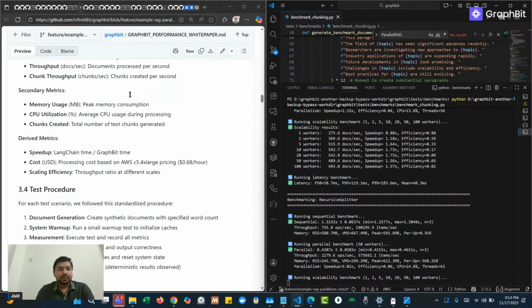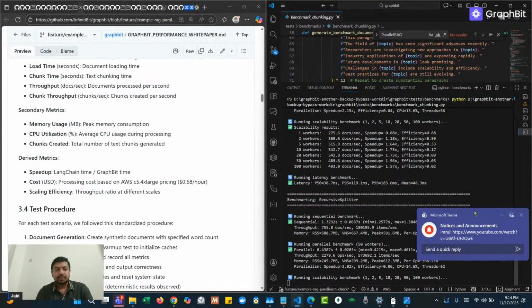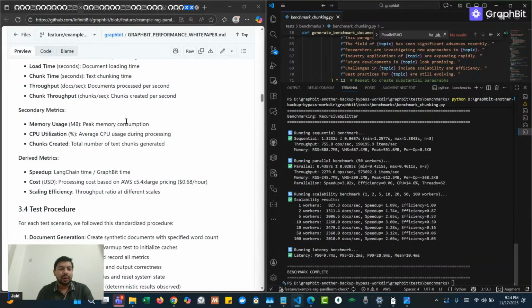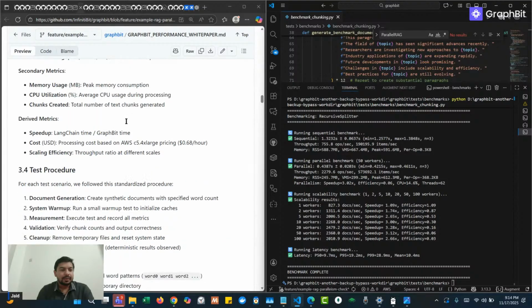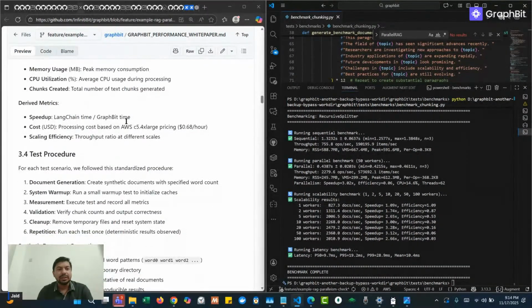It goes from loading the document to chunking, splitting, and finally retrieving the query from the document. Secondary metrics are memory usage, and the chunks created.